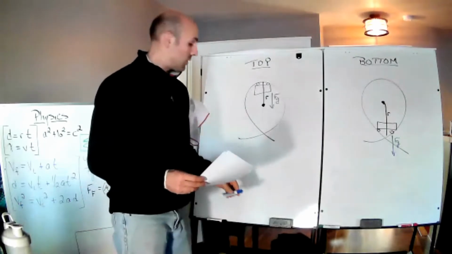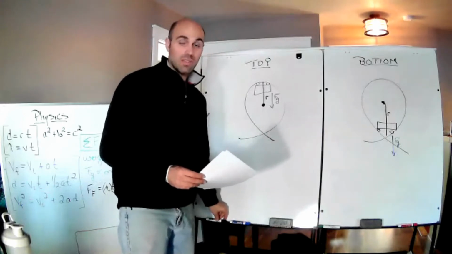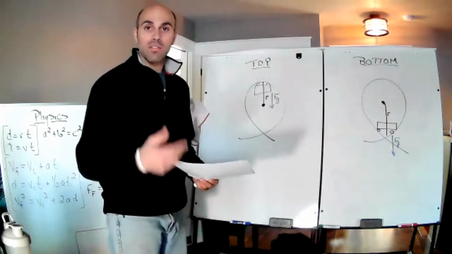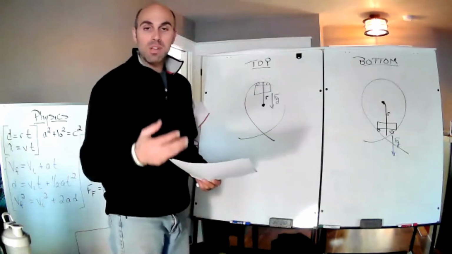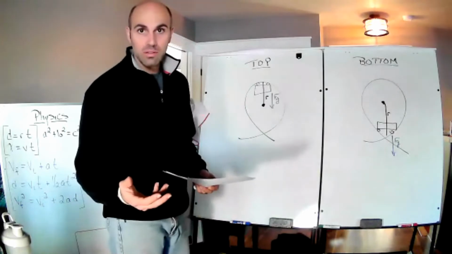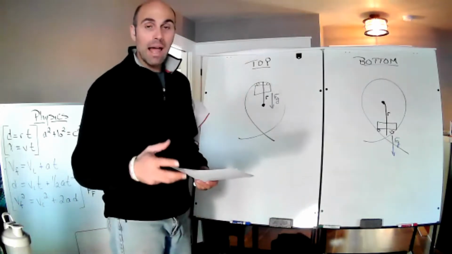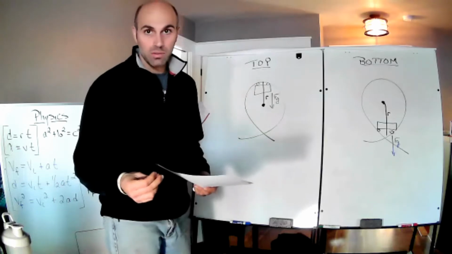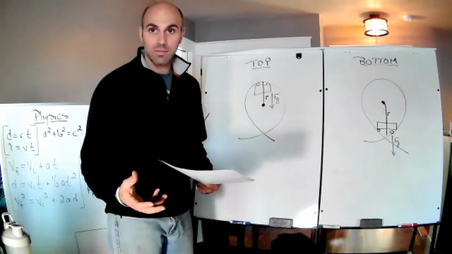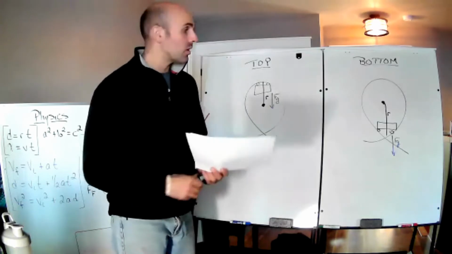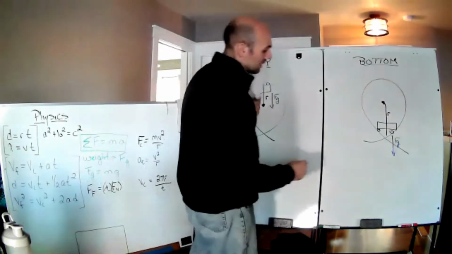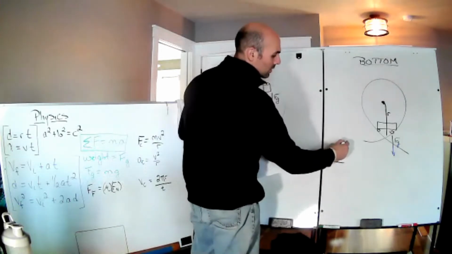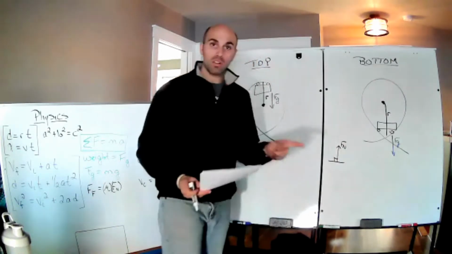Now, there is another force that presents itself as well. And that other force is the force that is present whenever an object is in contact with a surface. And hopefully you remember, when an object is in contact with a surface, it is the normal force that presents itself. Remember, the normal force is always perpendicular to the surface.